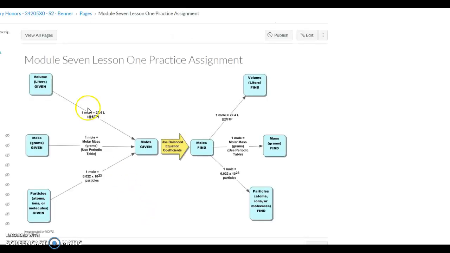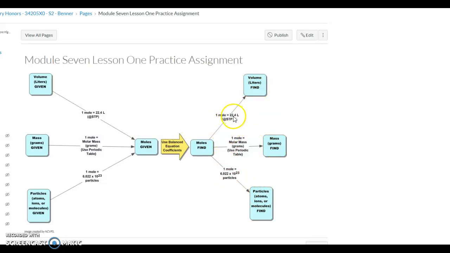Now, here would be a good place to draw your attention to a resource in Canvas that is really good. It's basically another version of the mole map. It shows you how to navigate here, if you've got volume or grams and mass or even particles. So always go to moles, use the coefficients from the balanced chemical equation to do the mole conversion, and then with the moles that you're finding, you can go back to volume or mass or particles.